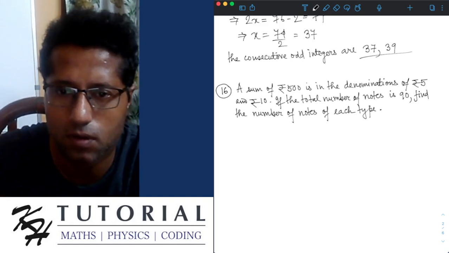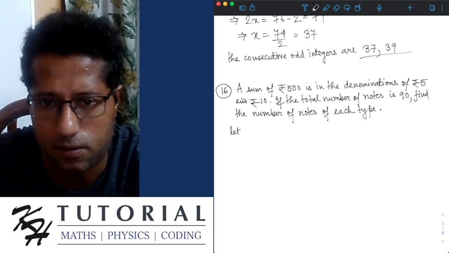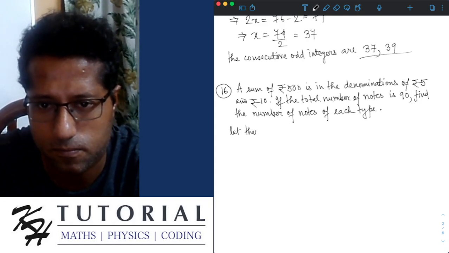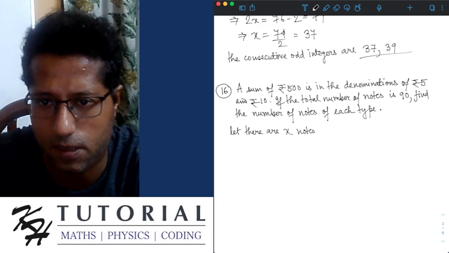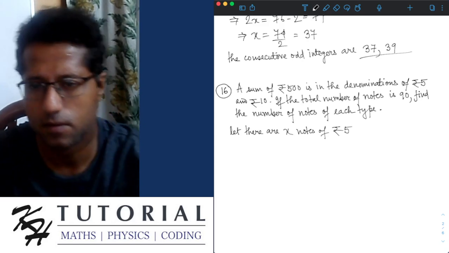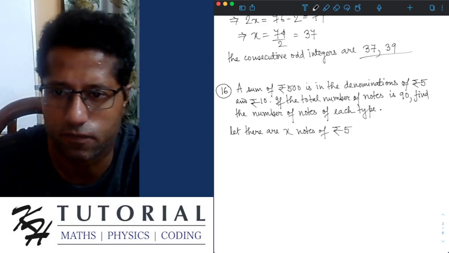Now let's assume there are x notes of rupees 5. Let there be x notes of 5.